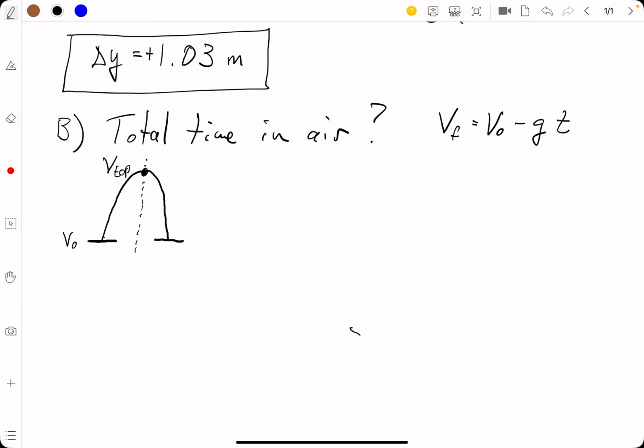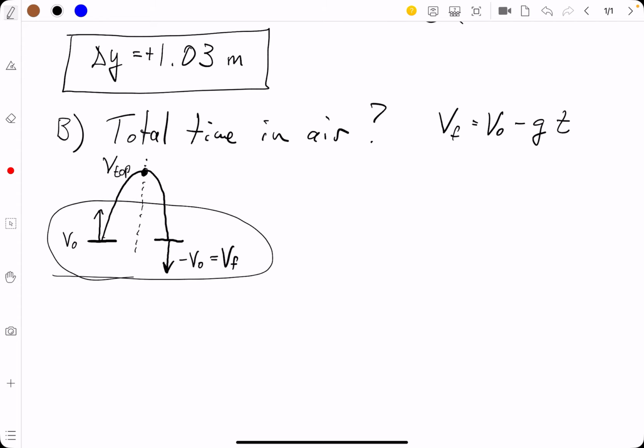Well, or we can say that V initial is pointing up, and because of symmetry, it will be minus V initial when it comes back to hit his hand. That would be our V final right here. So we could do that as well and put it all into one equation. We don't have to deal with the 2 anymore. And that will work as well. And most people would do it the other direction. I'm going to do it this way.